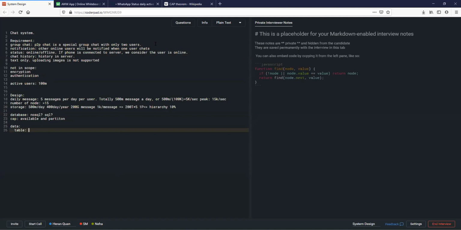I think I'm going to talk about it very soon, because I'm going to talk about the database and the architecture very soon. So we have the database table of user, and that could be very simple.